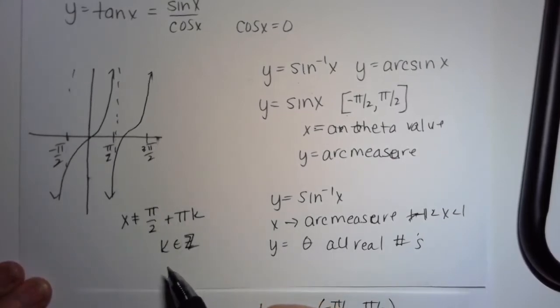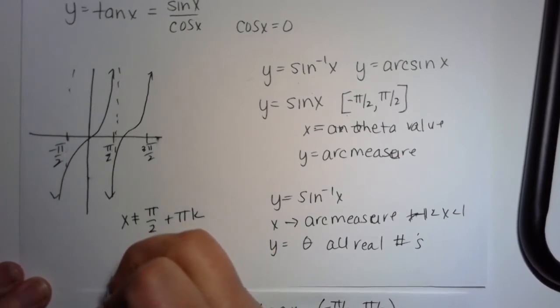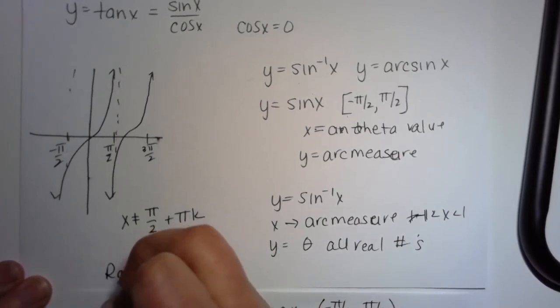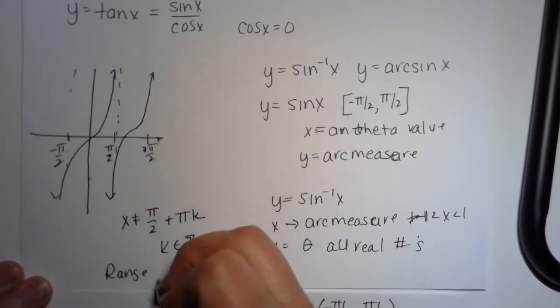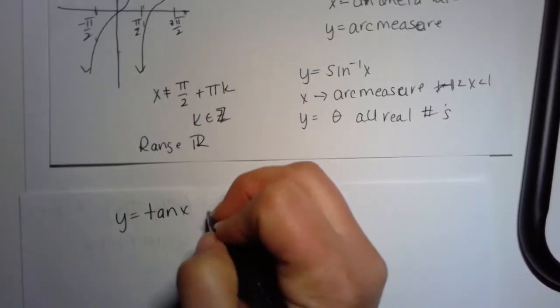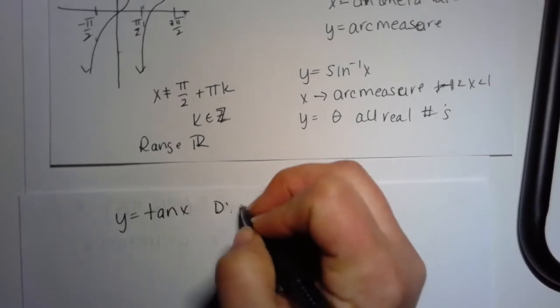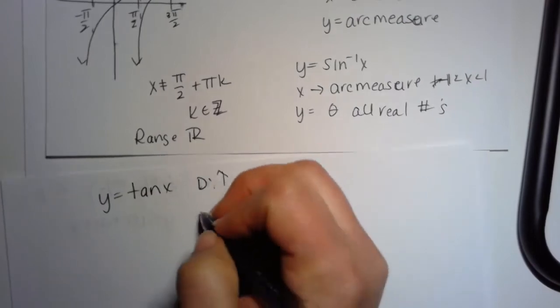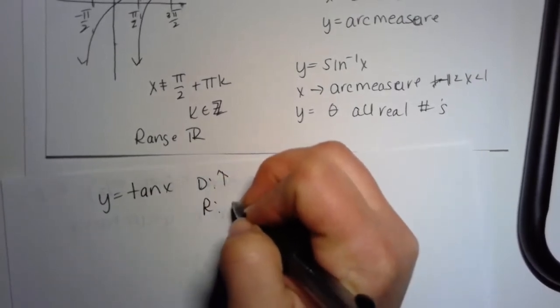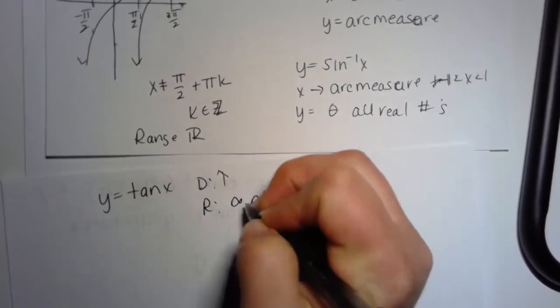I wrote the domain restriction here, but my range goes from top to bottom, so my range is all real numbers. My range will be negative infinity to infinity.